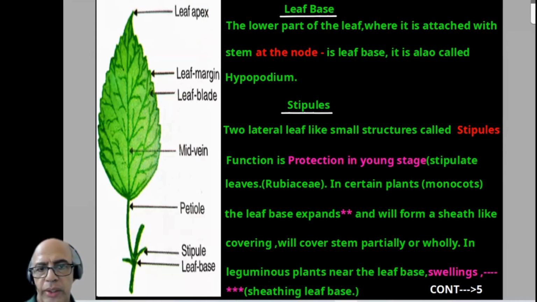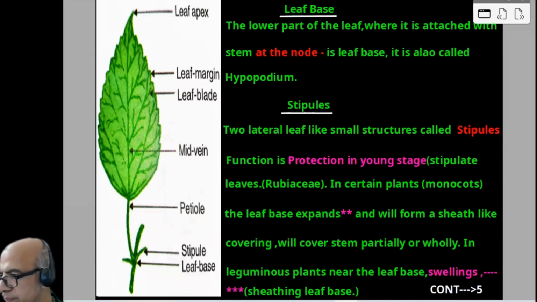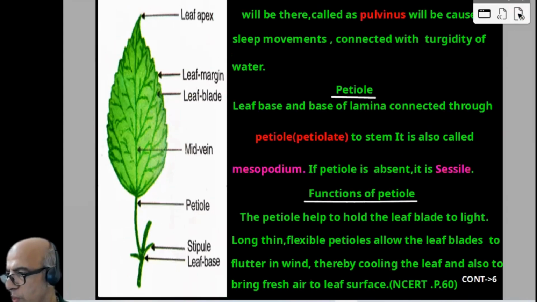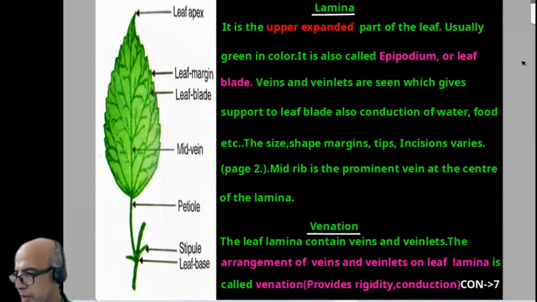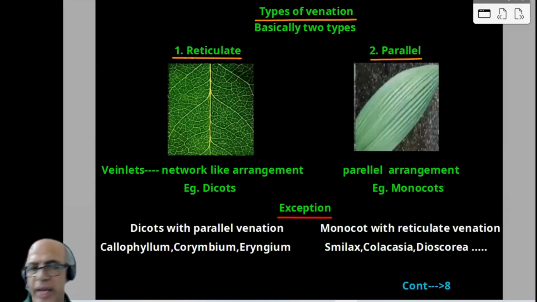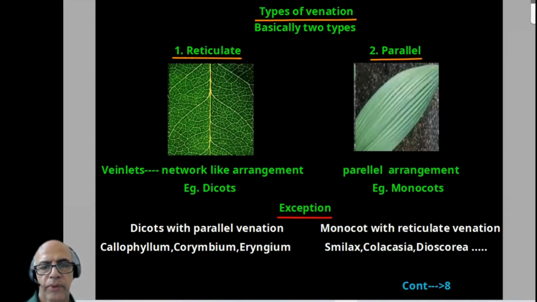functions of petiole, then the upper part lamina. After that, we entered into venation. What is venation? What is the purpose? And types of venation. That is 2 types, reticulate and parallel. And reticulate and parallel, dicot, monocot exceptions. Dicot with the parallel and monocot with reticulate.